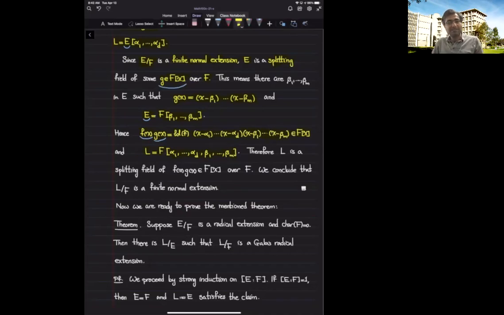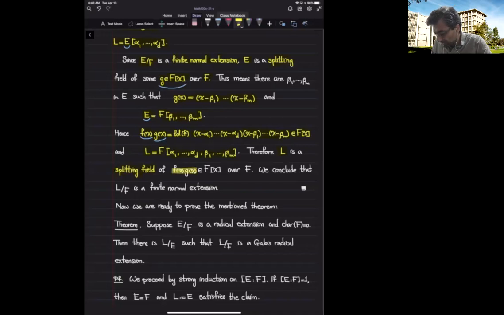So all of a sudden, we are finding a polynomial in F bracket x, and when I take all the zeros of this polynomial and add them to the field capital F, I get the field L. That's the definition of being a splitting field. So this means that we found out that L is a splitting field of the polynomial f times g.